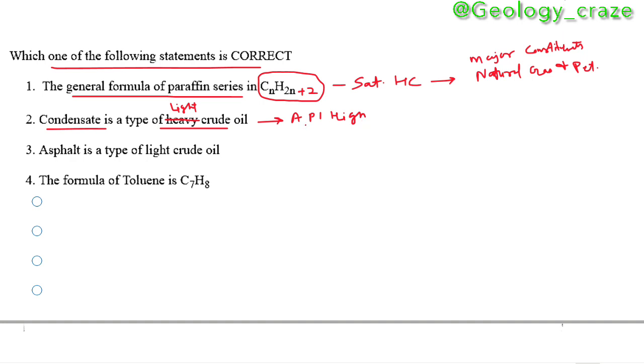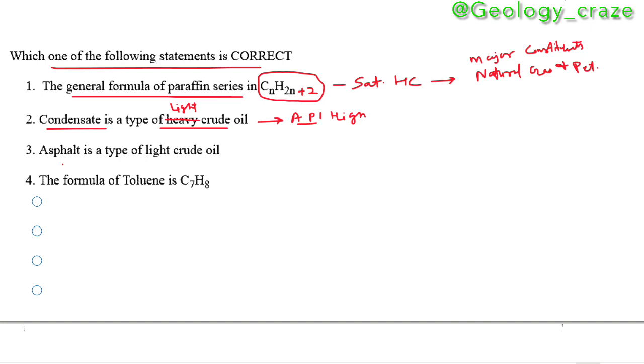API is the American Petroleum Institute scale to measure the density of oil. So remember that condensate is a light crude oil whose API is high.